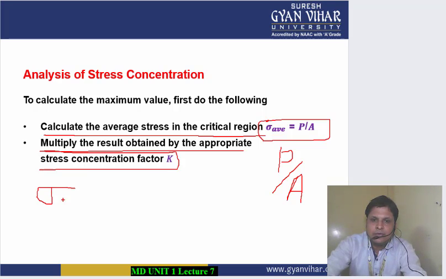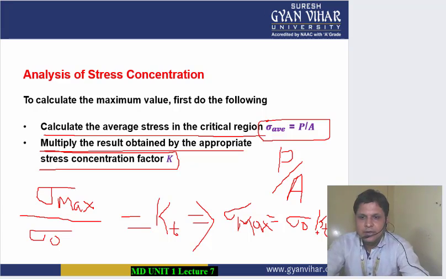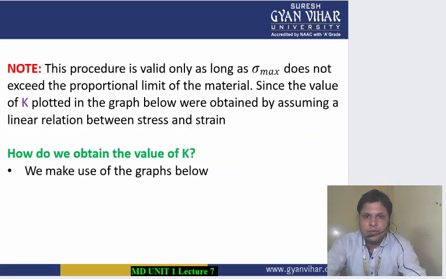As the formula says, maximum stress by nominal stress gives the stress concentration factor. So if someone needs the maximum stress, first calculate the nominal stress by the elementary equation and then multiply with the stress concentration factor. This is the process.